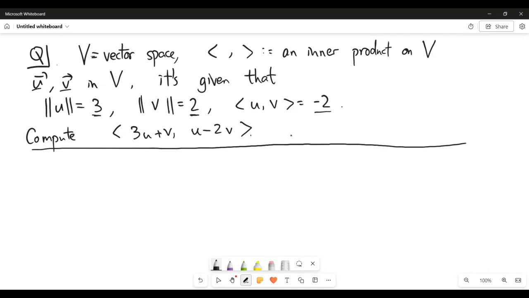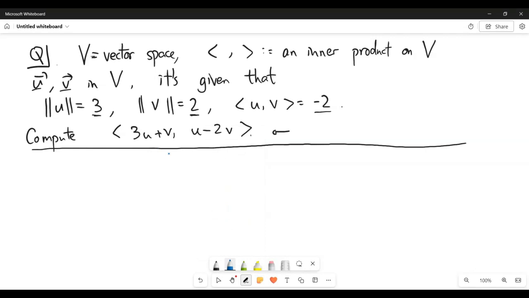You're asked to compute certain inner products between two vectors, but the numerical values of the actual vectors u, v are not given. So we have to think about how we can get around these issues.